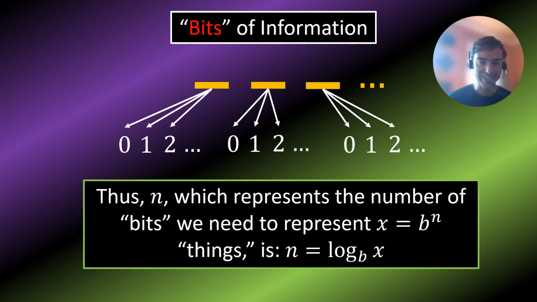So if we want to represent a certain number of permutations, a certain number of things, which is equal to x, which is b to the n things, then n is log base b of x bits. So it takes n bits, or log base b of x bits, to encode that much information.